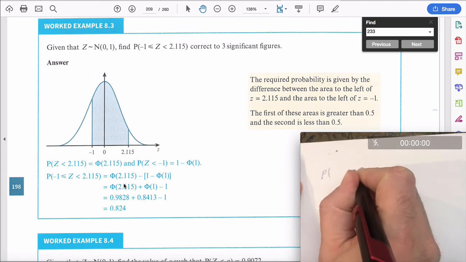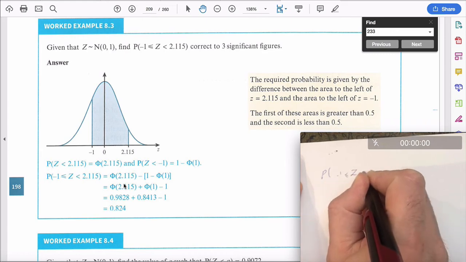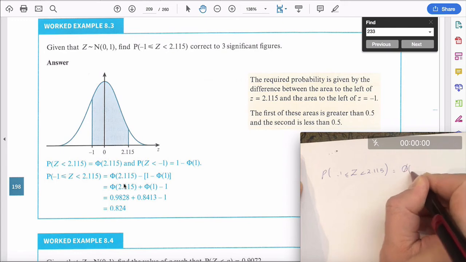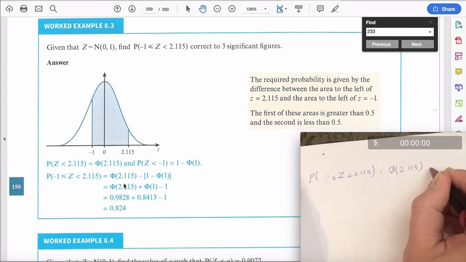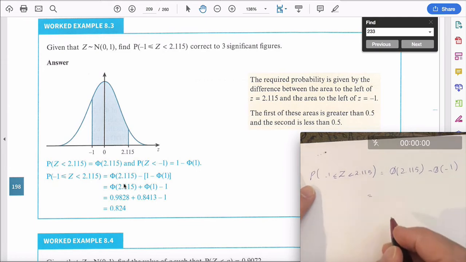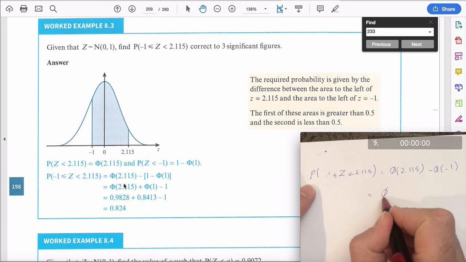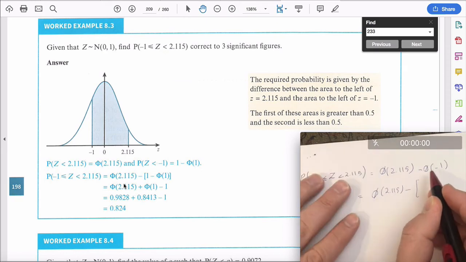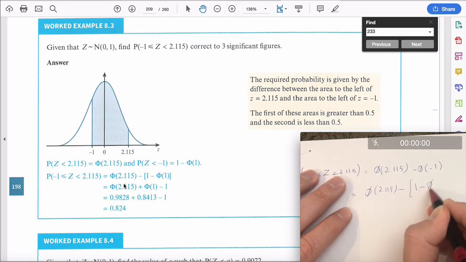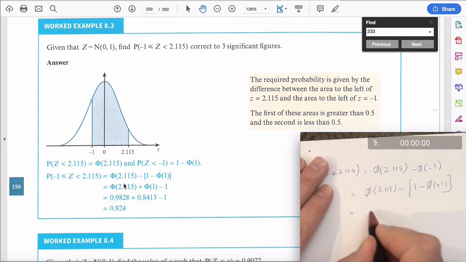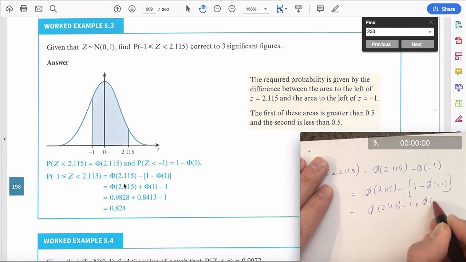Probability of z between negative 1 and 2.115 is equal to phi of upper bound minus phi of negative 1. Phi of negative number is undefined in that table. So it will be 1 minus phi of the opposite of negative 1, which is positive. So it will be phi of 2.115 minus 1 plus phi of positive 1.